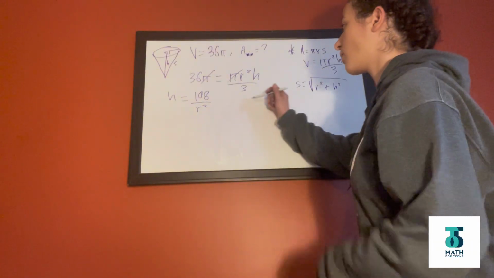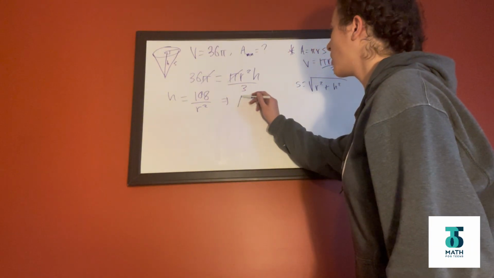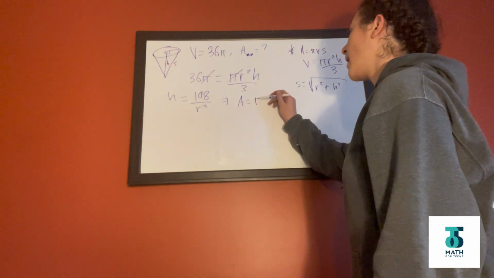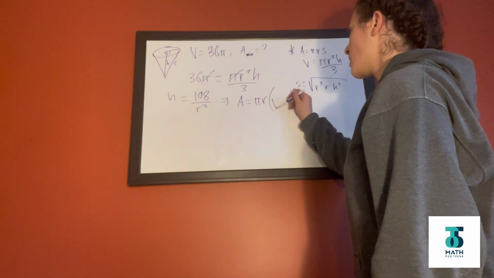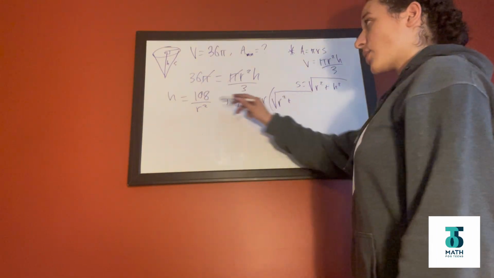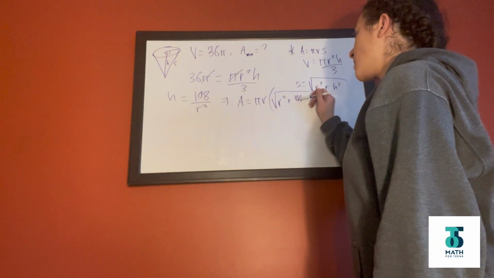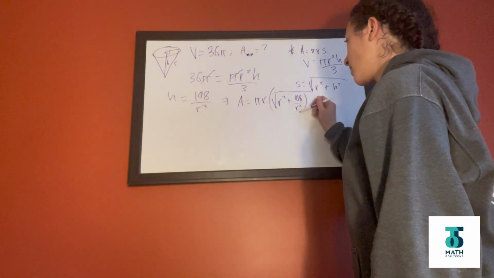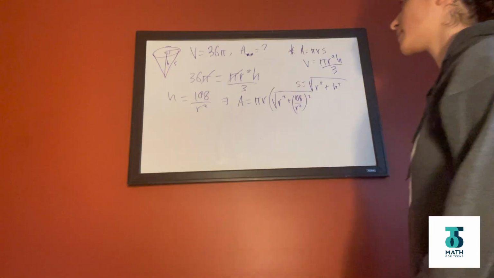And now we can redefine our area. So my area is now pi times r times the square root of r squared plus h squared, which is just 108 divided by r squared, squared. Okay.